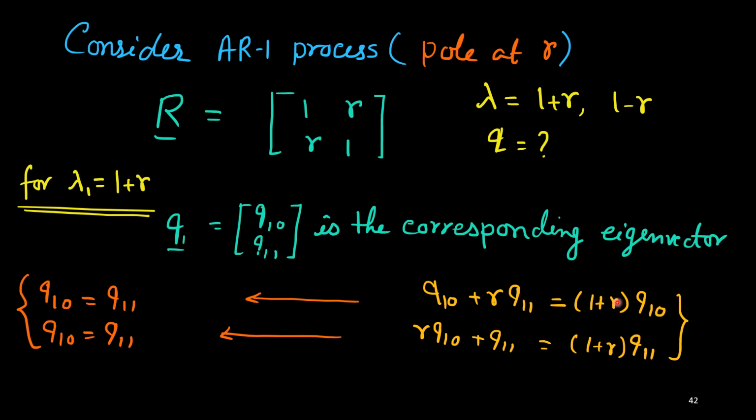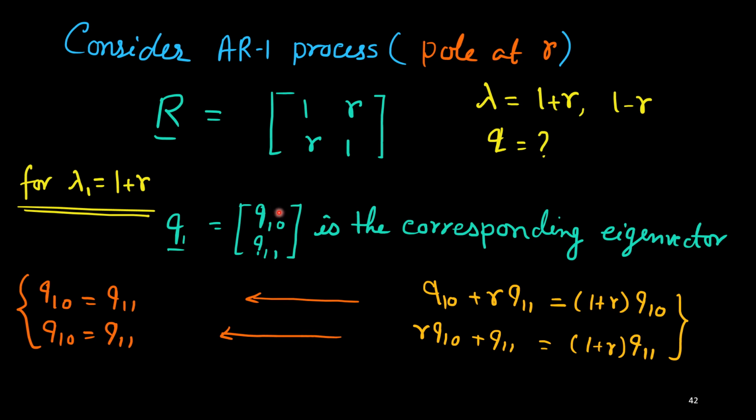Or q11 equals q10, same thing. Here also you will get the same result, because r q11 on the left and q11 on the right will cancel, so r q10 equals r q11, so r will cancel, so q10 equals q11. That implies that these two elements are the same, so the ratio is 1.